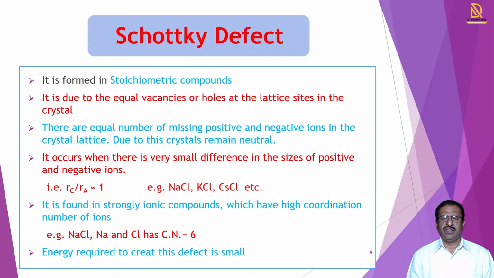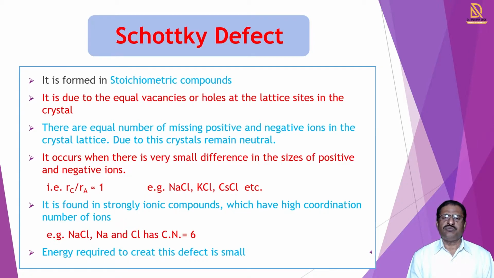So in NaCl, the same number of Na ions and Cl ions lose their positions, and when the same number of positive and negative ions are lost, there is no effect of charge on that crystal.